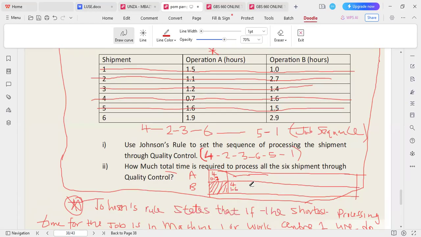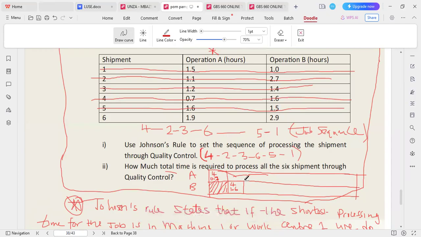Okay, so 1.6 hours. By the time they finish working on job 4 in operation B, something was going on in operation A. In operation A, they would have started working on job 2, all right?